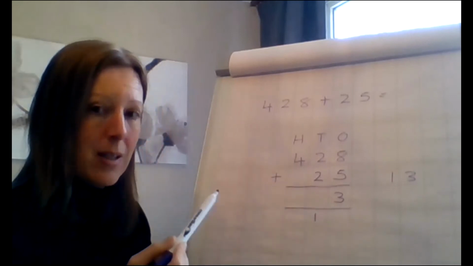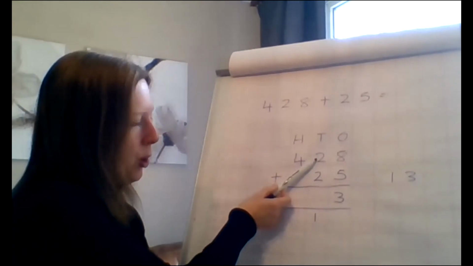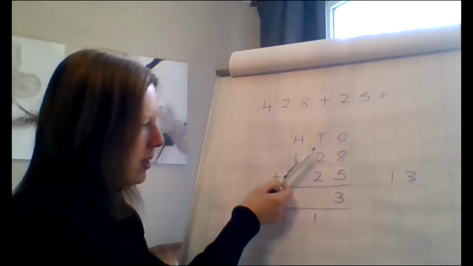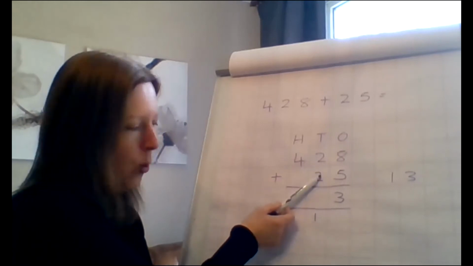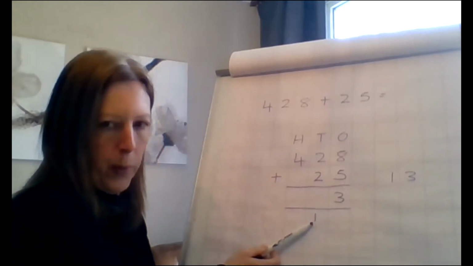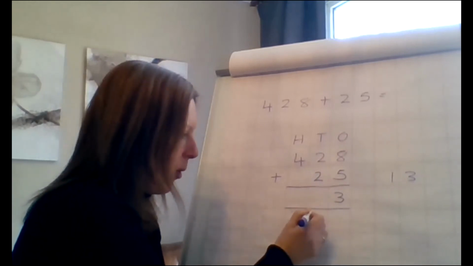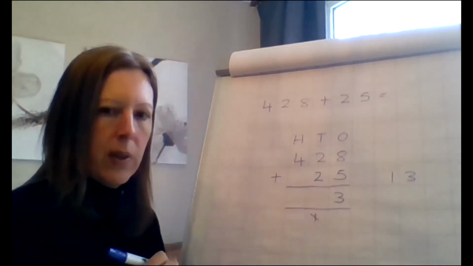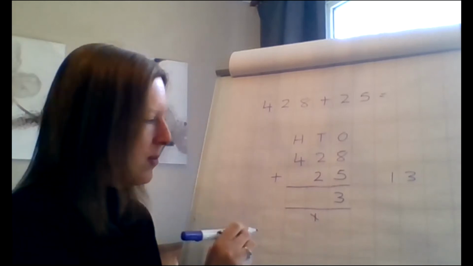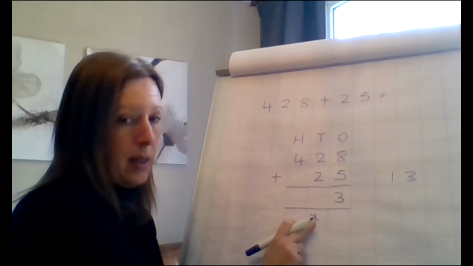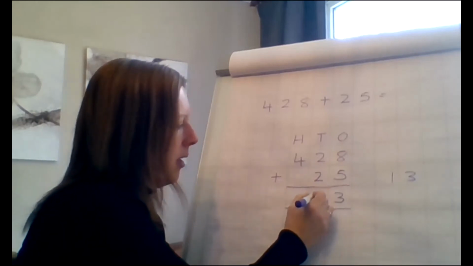So now in my tens column, I've got my 2 that I had here already. So 2 add 2 is 4, but I've also got my 1 down here. So we talked about how we can, just to make sure we don't forget about it, put a line through it so we know we've dealt with it. So 2 add 2 is 4, as we said, and then this one is going to be 5.